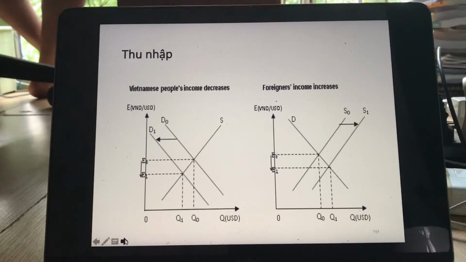So the idea when you make this analysis is that you only allow one variable to fluctuate. You keep other things equal. Okay. And I want to ask you more: why, when the income changes, does it affect the import or the export?